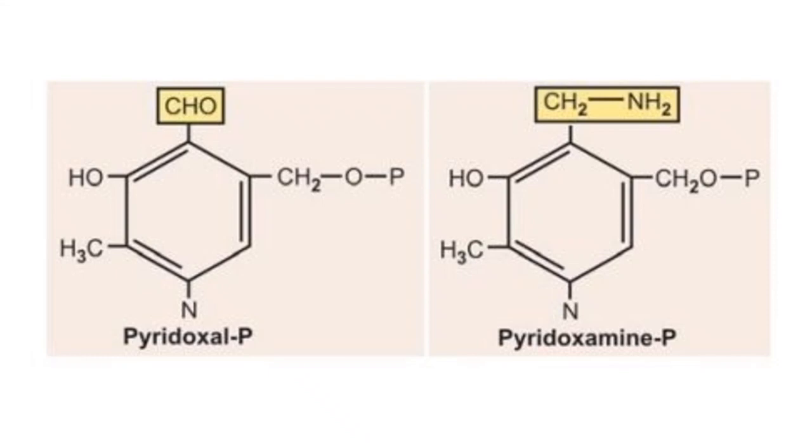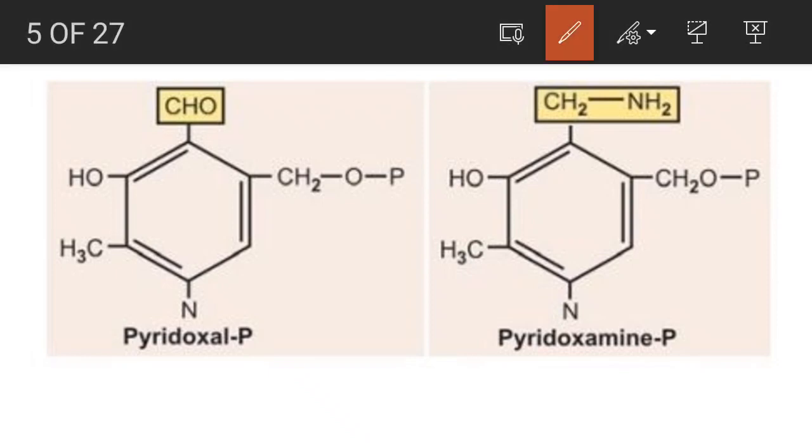This is the structure of how pyridoxal-P and pyridoxamine-P look. There is an attachment of phosphate over here, and there is an attachment of phosphate over here. Otherwise there would have been an attachment of an H, so it would have been an alcoholic OH group if it was not a phosphate.